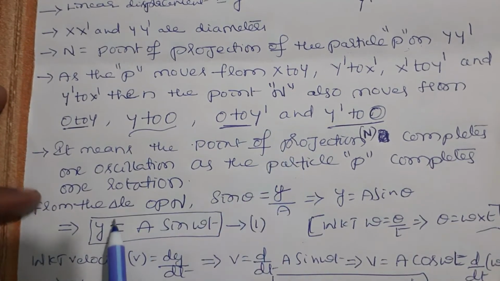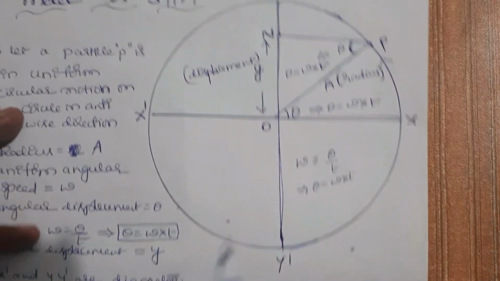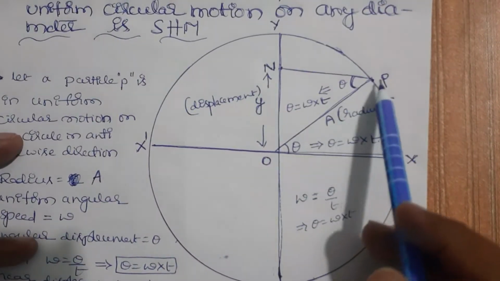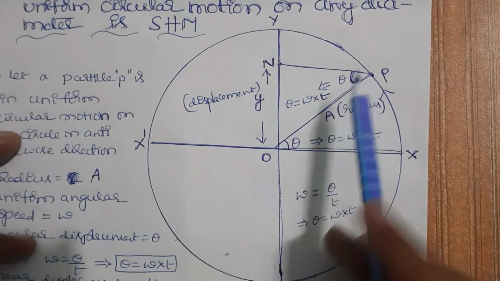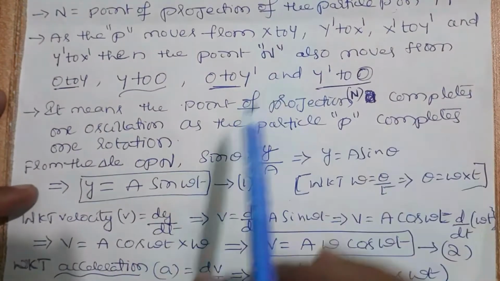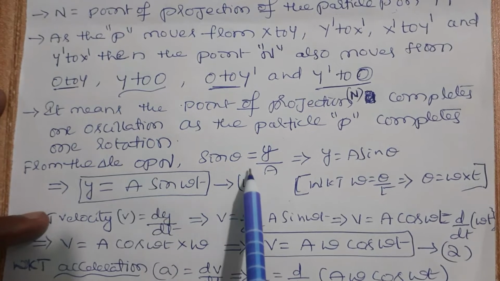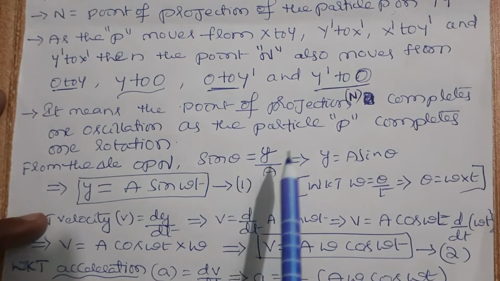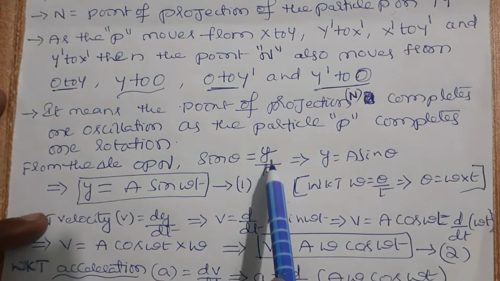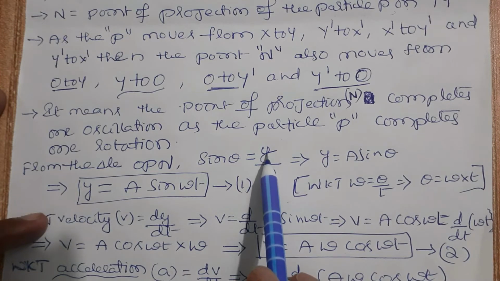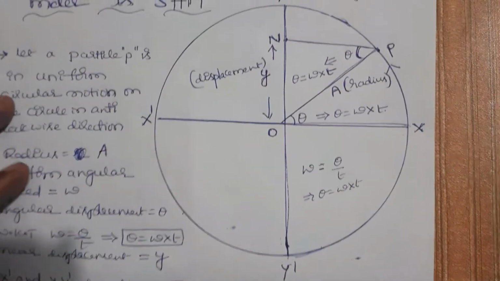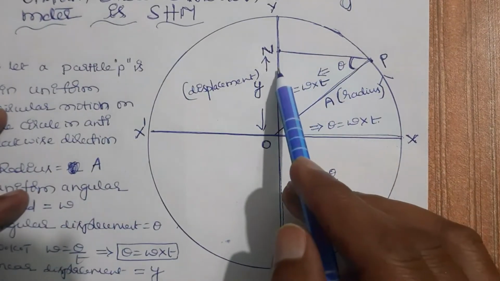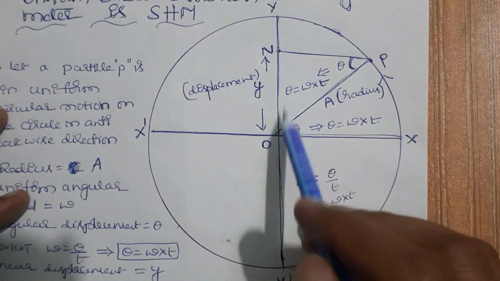From the triangle OPN, students, theta is the angular displacement. From the triangle OPN, you can see sine theta is equal to the opposite side to theta by the hypotenuse.